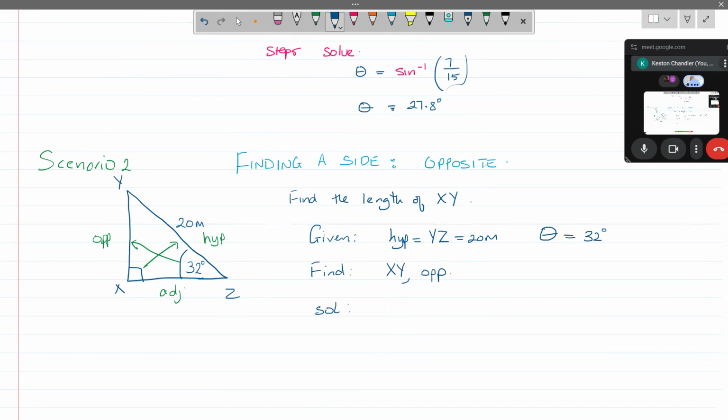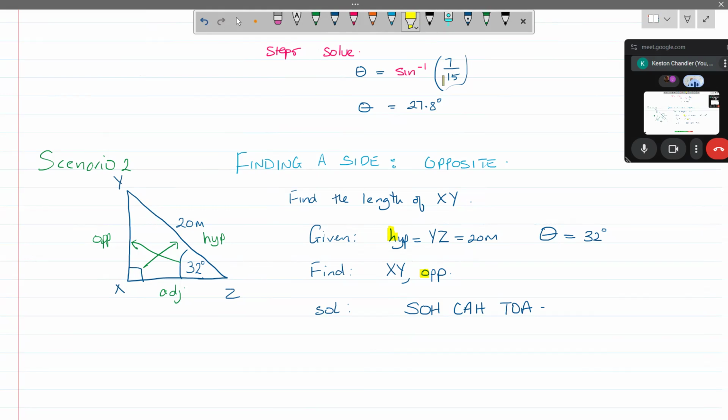My solution is to then write all of my formulas, and you're looking specifically at what you have in terms of the sides. I have a hypotenuse, and you also need to look at what you need to find. I need to find the opposite, because each of these formulas is based on 2 sides.